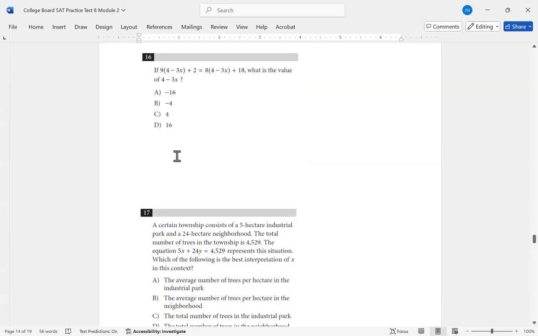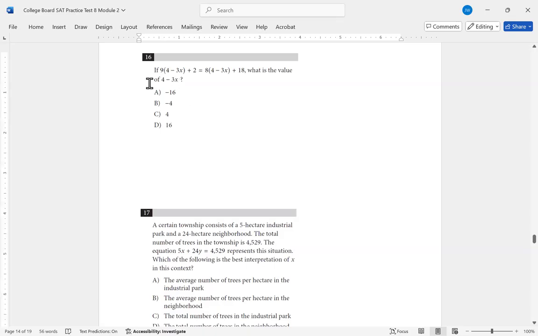Question 16. If 9 times (4 minus 3x) plus 2 is equal to 8 times (4 minus 3x) plus 18, what is the value of 4 minus 3x?